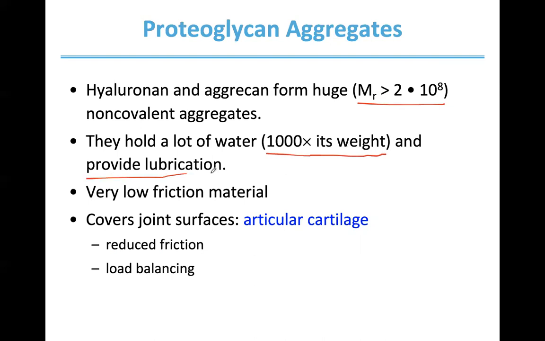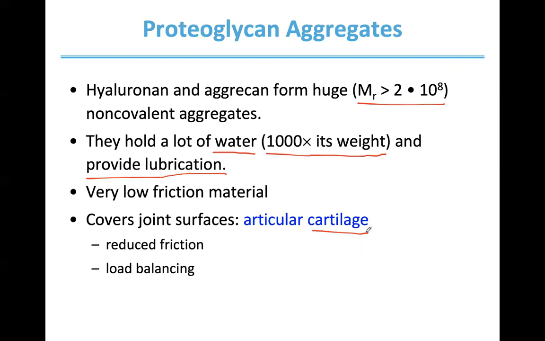So again, these are sulfated molecules, they're charged. And I told you about water being a component of these large molecules, which provides the compressible property, which allows, for example, for the formation of cartilages, right?